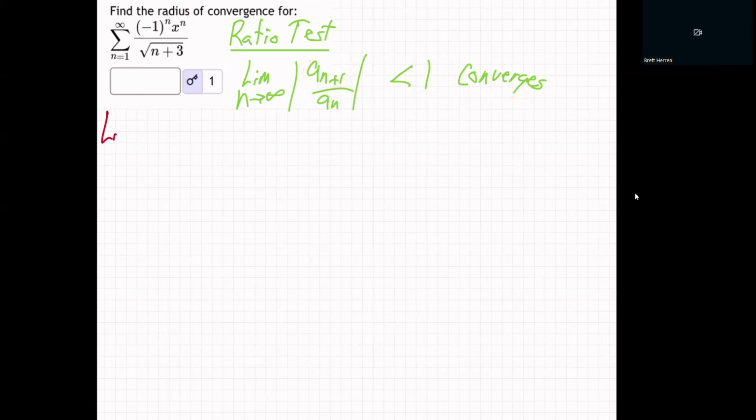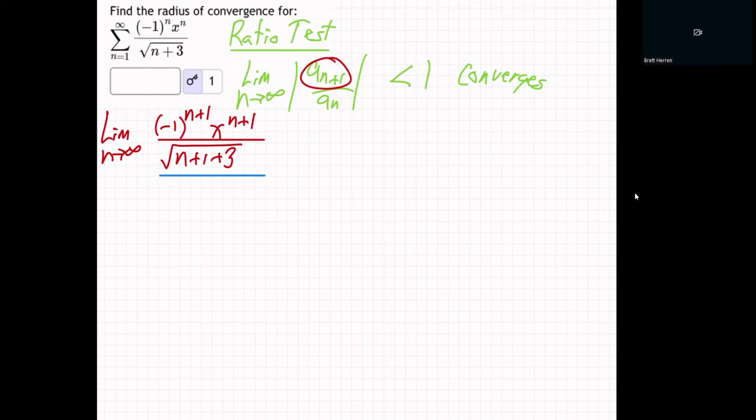So we're going to take the limit as n goes to infinity. Now I'm going to start with a sub n plus 1. So I'm just going to plug in n plus 1 for everything, over a sub n, which is minus 1 to the n, x to the n over square root of n plus 3.